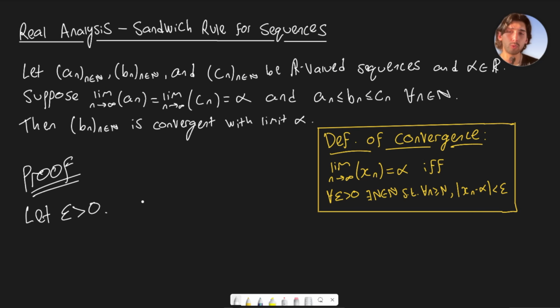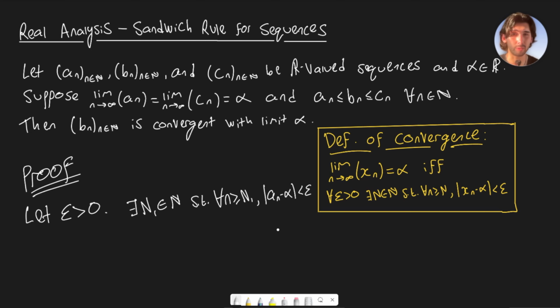We can definitely say that there exists some n1 in the natural numbers such that for all lowercase n greater than or equal to n1, we have that the modulus of an minus alpha is less than epsilon, by the definition of convergence.